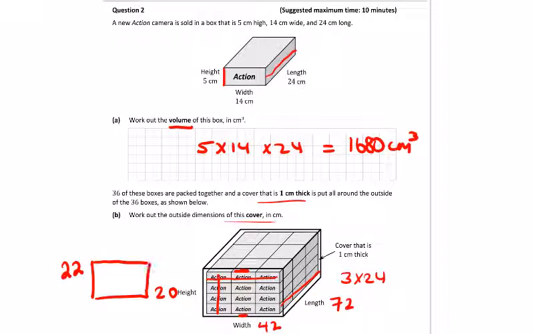Try and do a 3-dimensional box. 22 high, and then it's going to be 2 extra long, the 1 here and the 1 here. So it's going to be 74 along this way, 74. And then the width is going to be 42 plus the 1 and the 1, so that will be 44.